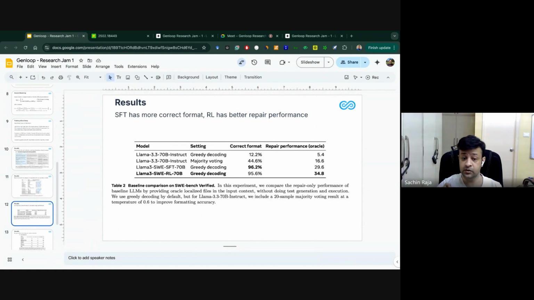But here is one thing: how about running SFT first? Exactly what DeepSeek did, right? They used this cold start principle where they annotated chain of thought for a few samples, and then for the others they simply trained using RL. So for Genloop's experiment also, it might be worthwhile to first do SFT and then augment it with RL for a few iterations. Actually, we did that.